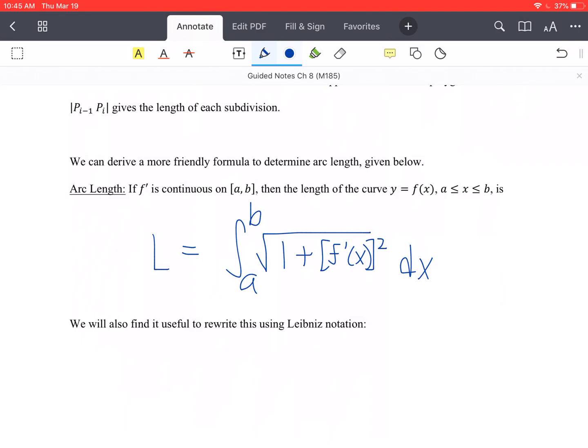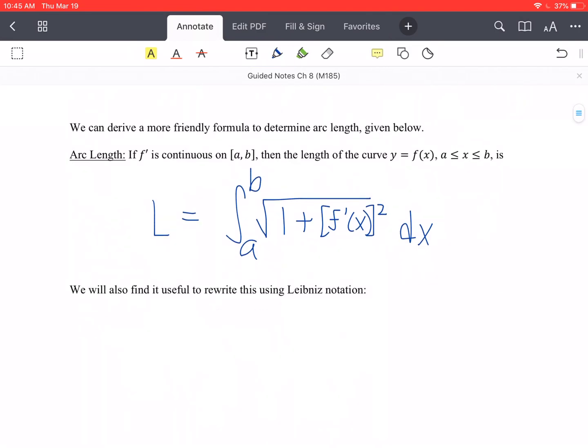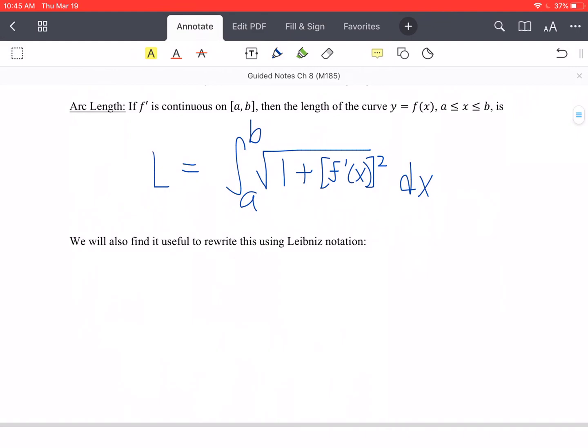So this is our formula for arc length. This is the one we're going to be using when we're trying to compute the exact length of a curve.